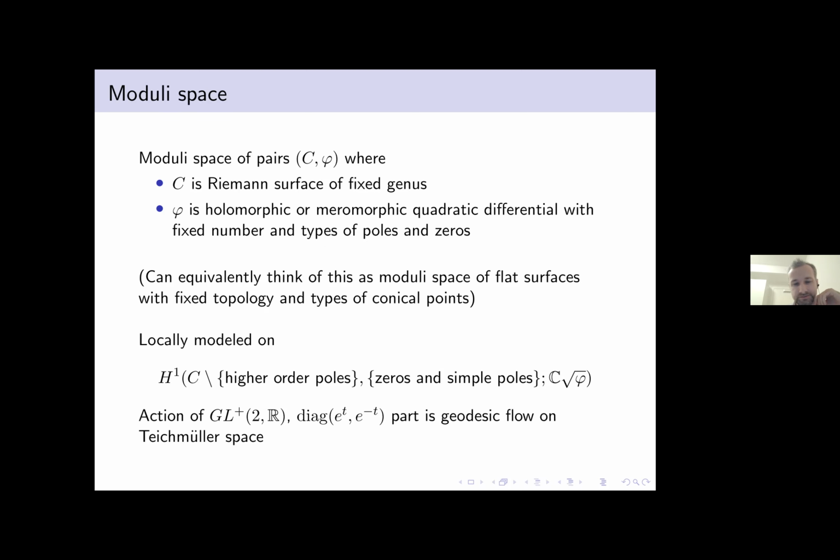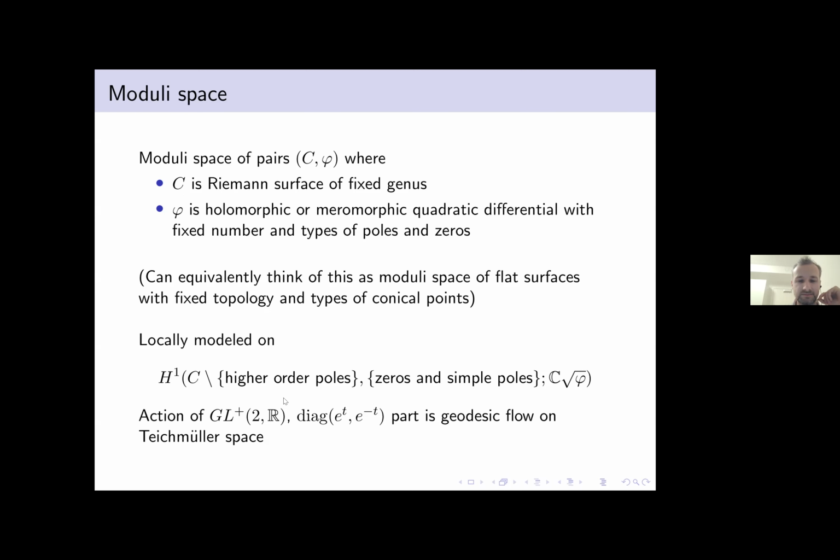Yeah, and this is just to mention, because later we'll see that stability conditions have a similar property: you can act on this by GL plus 2R, which changes both the complex structure and the quadratic differential. If you fix the complex structure, you wouldn't have this action.